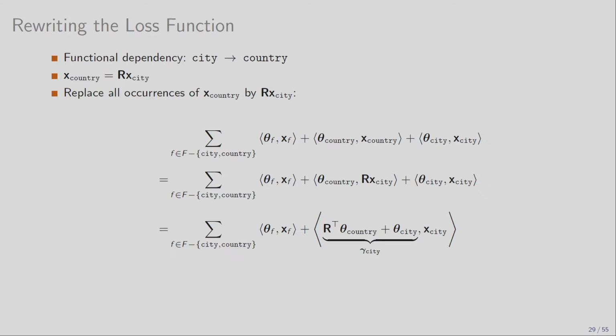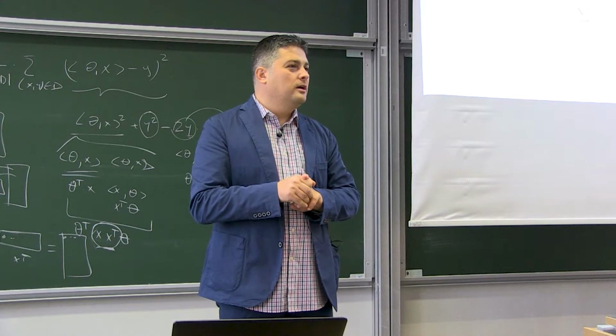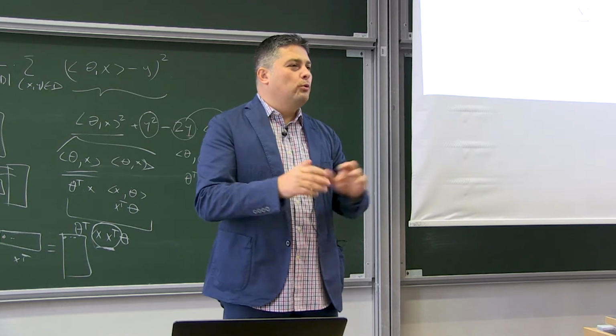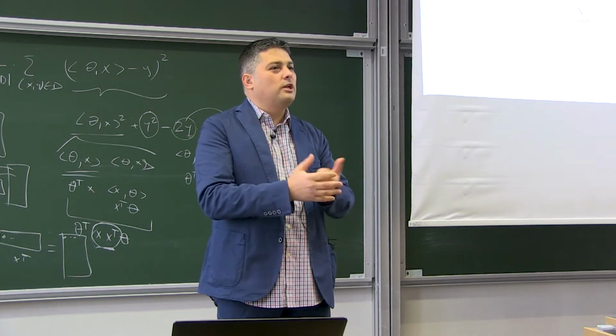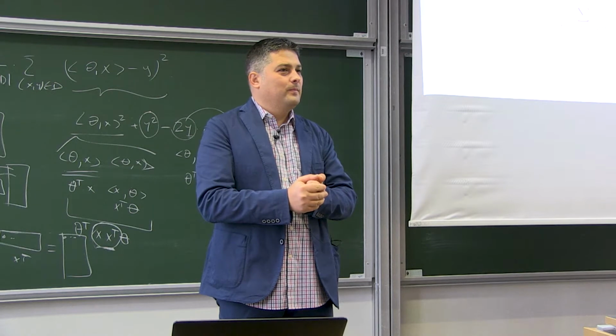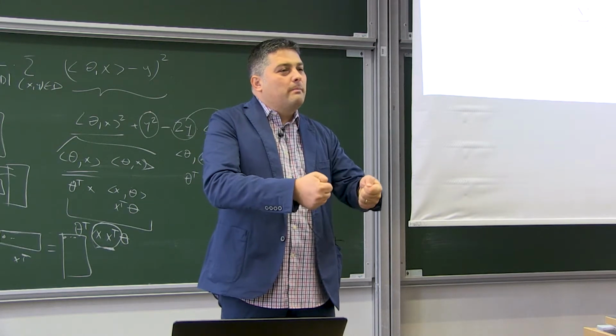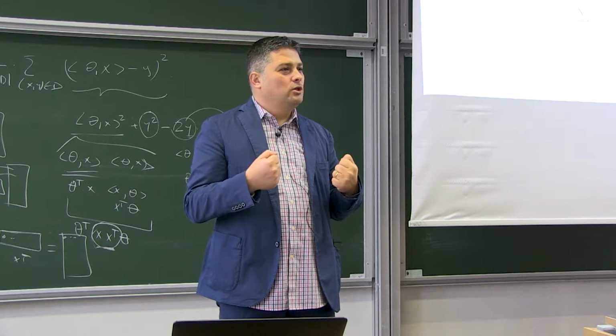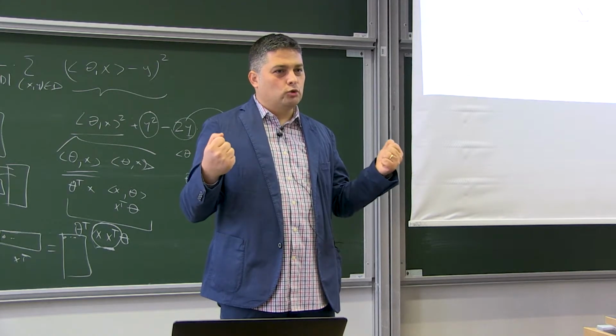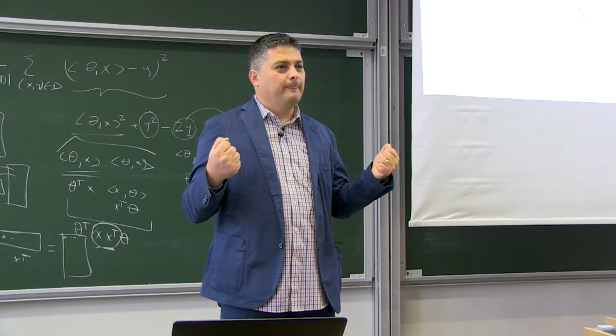In other words, we want to reparameterize the model, in a way so that we compute a smaller model that doesn't talk anymore about the country, and then we can map it back to the full model that also has country. Okay?